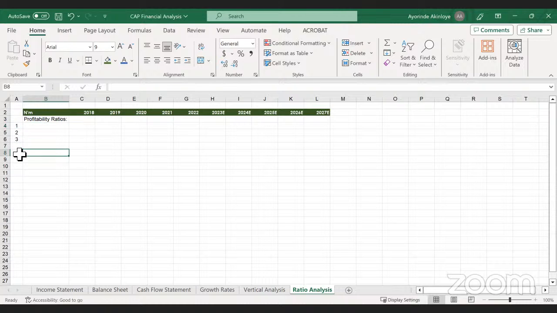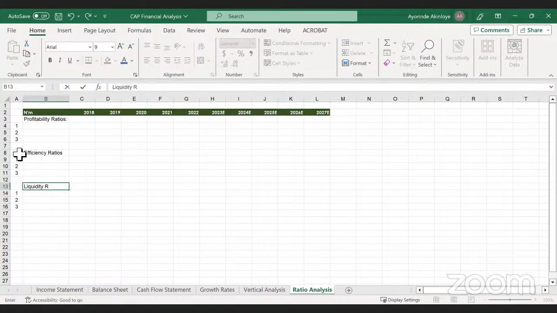What's the other one? Efficiency ratios. So I will just pick it from the charts. Then we'll do liquidity ratios.